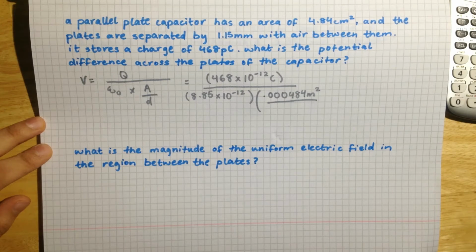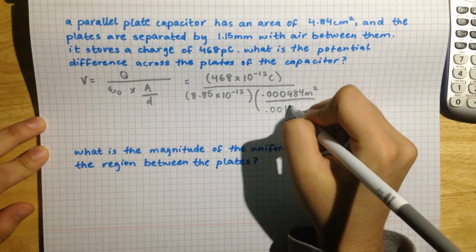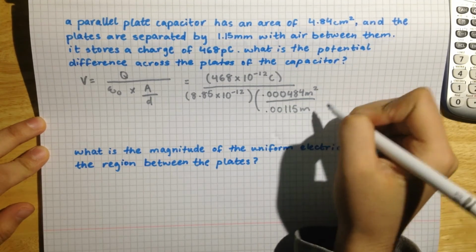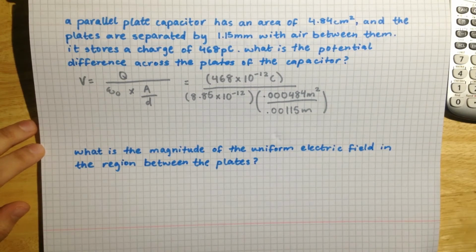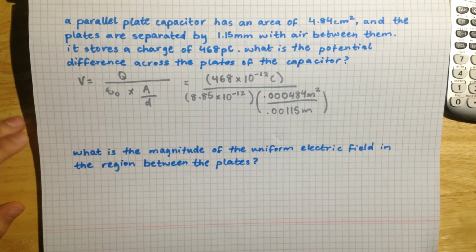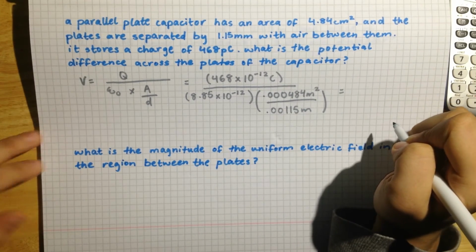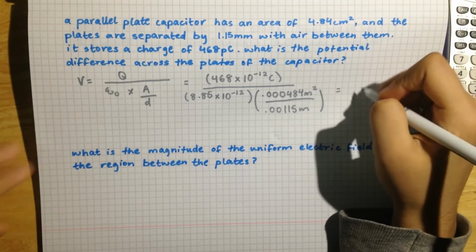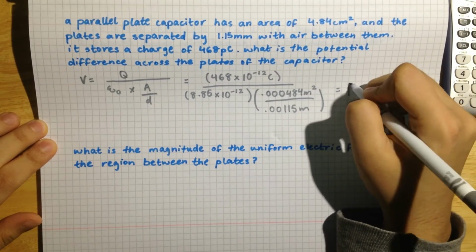So 1.15 millimeters is equal to 0.00115 meters. Then we can close the parentheses and put all of this into the calculator, and the value that we get for the potential difference across the two plates is 126 volts.